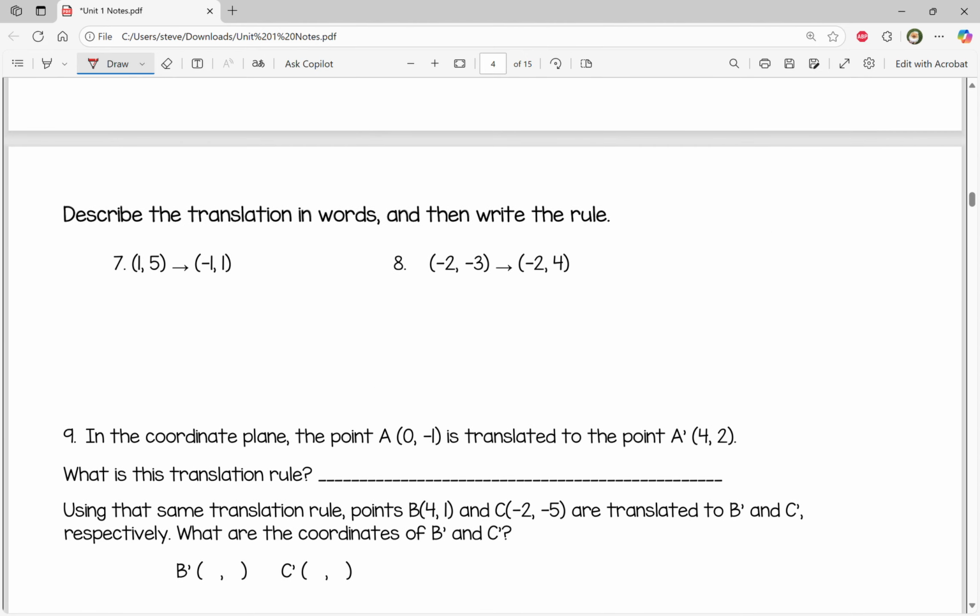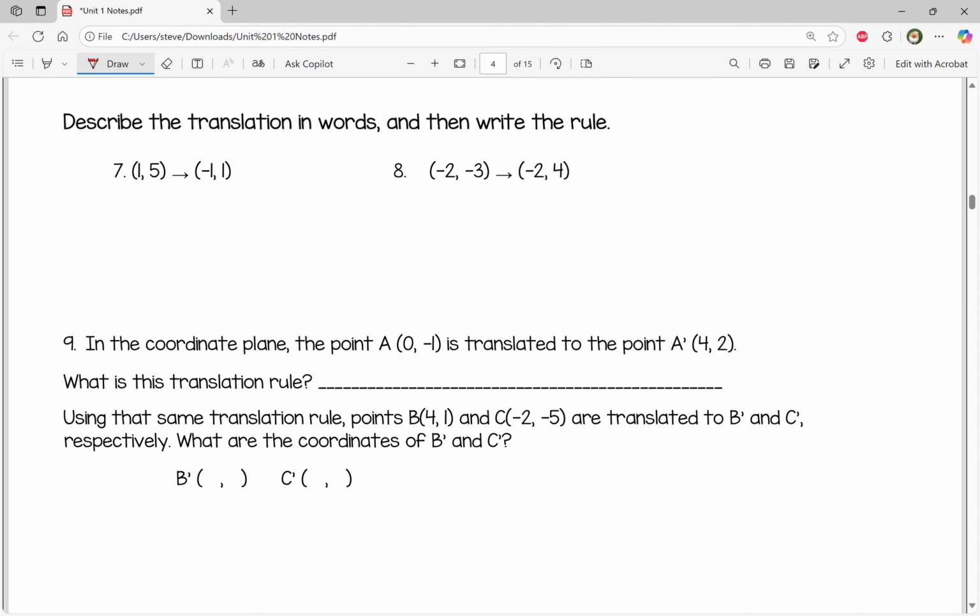So now let's talk about translation rules. Translation rules simply describe in addition or subtraction terms how we go from the original point to the new point. So when I look at number 8 here, I start at -2 and I'm going to -2. Well, I'm not going up or down at all, so I'm adding 0. Whereas -3, I'm going to +4.